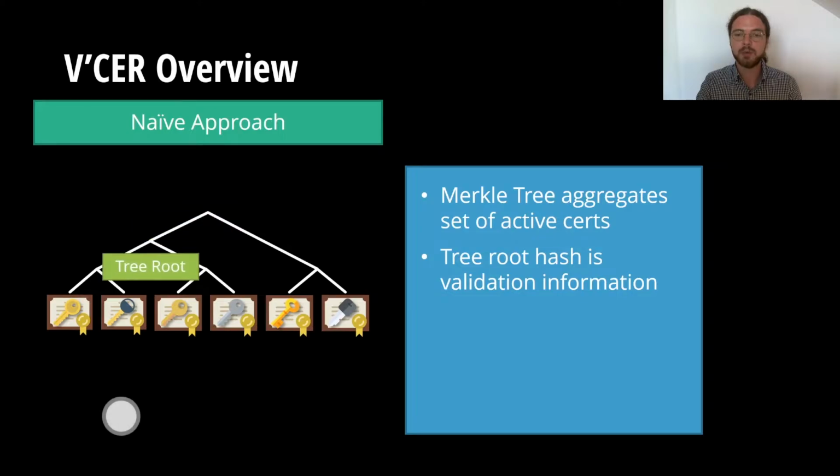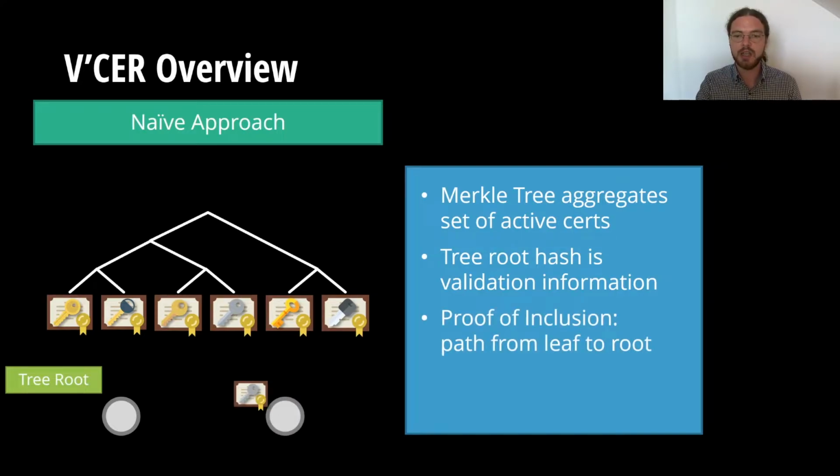Now we can disseminate the tree root hash as the validation information, which can be stored on the verifying node. And then if another node comes, it will have a so-called proof of inclusion, because its certificate is also part of the set, the leaf.